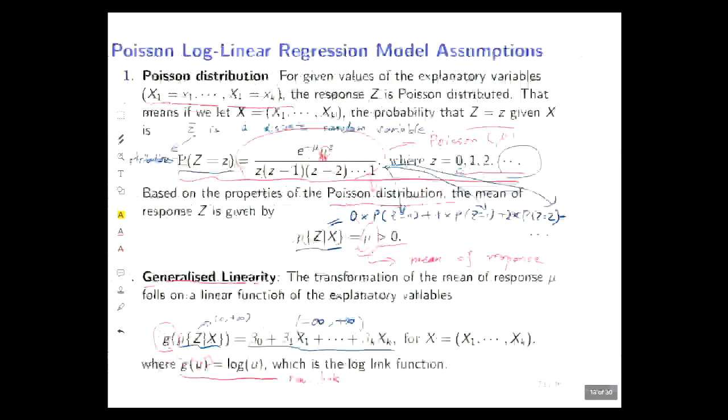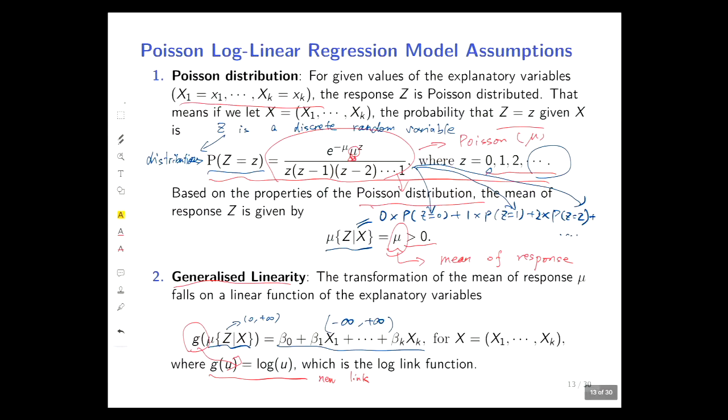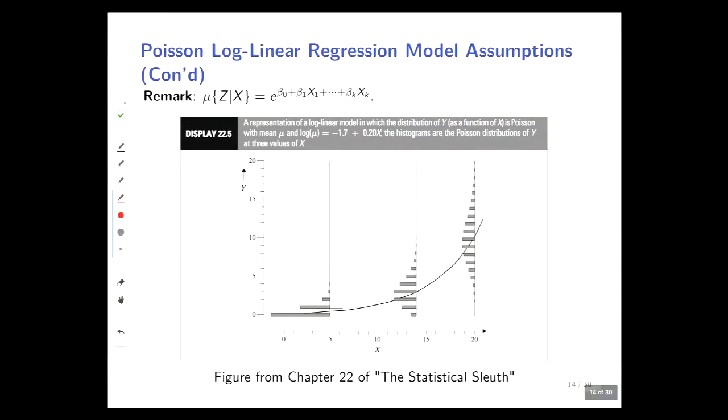Also, because the log of mu equals the linear combination, mu just equals the exponential of the linear combination. This is equivalent. The mean here is from 0 to infinity, and the exponential of something is also from 0 to infinity. So we have a match for both sides of the equation.